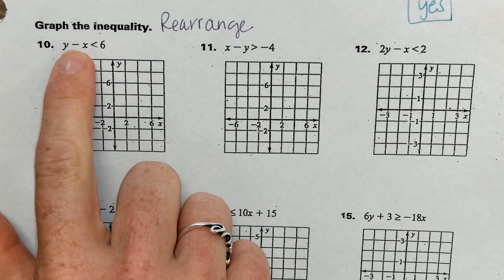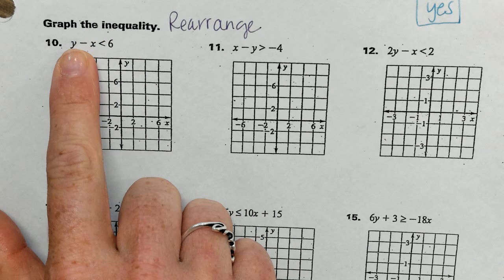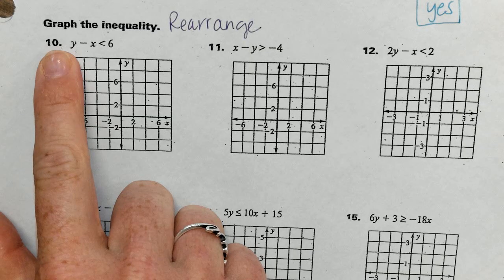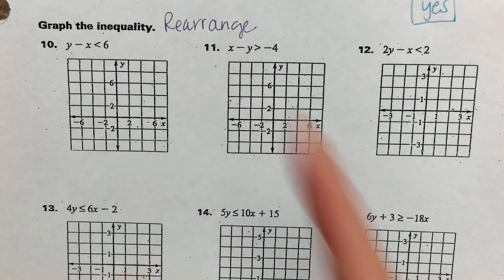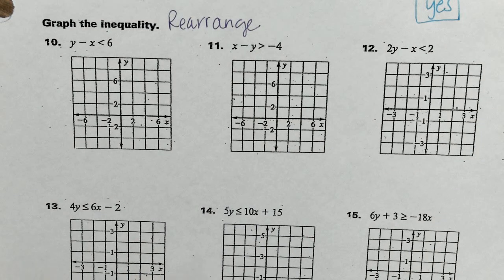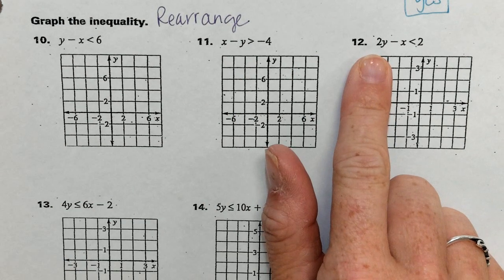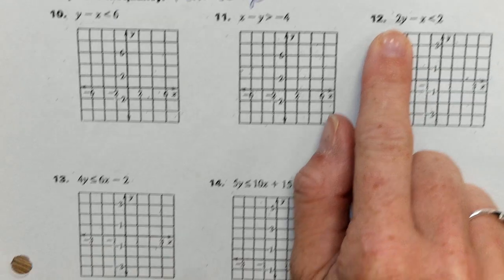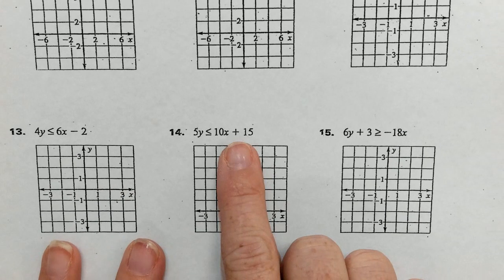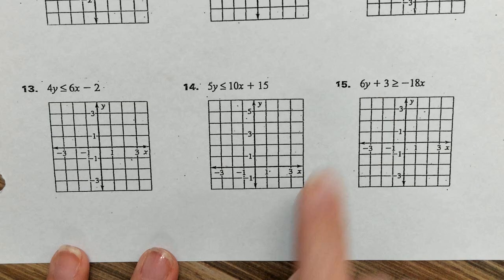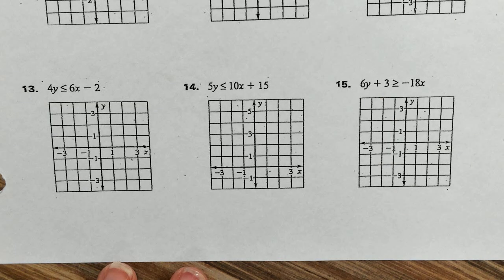Would the sign flip? No, why not? The y has a positive coefficient. Look at number 11. Yes, you might want to star it or circle it. Your sign's going to flip. Look at 12. Yes or no? No. Look at 13. Yes or no? No. Look at 14. Yes or no? 15. You'll see how to do this. Okay, get busy.